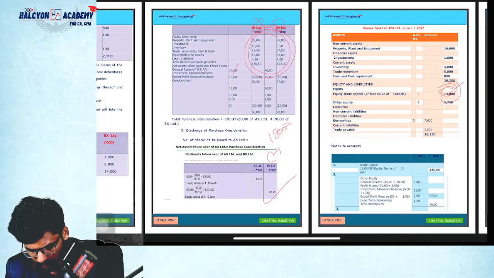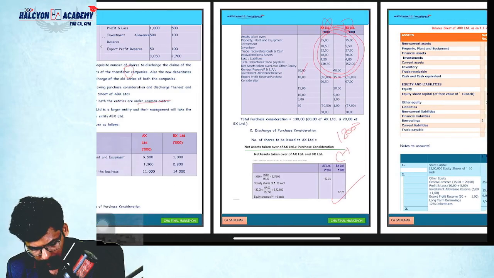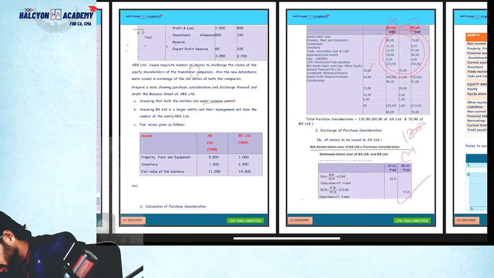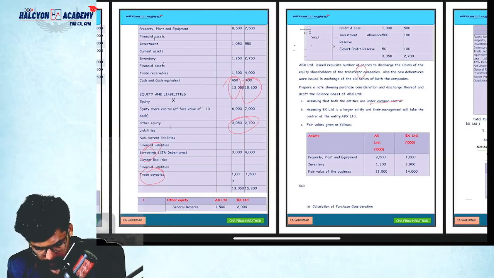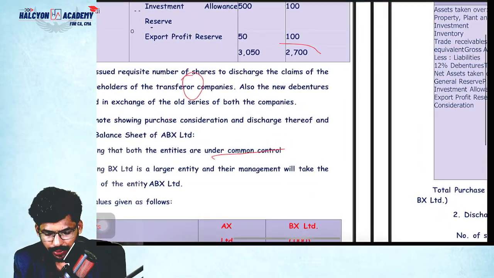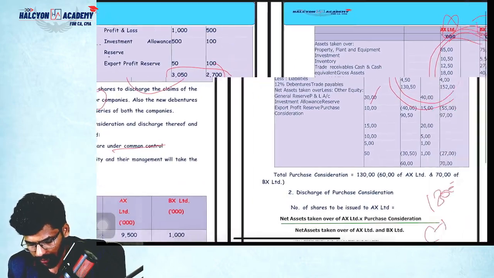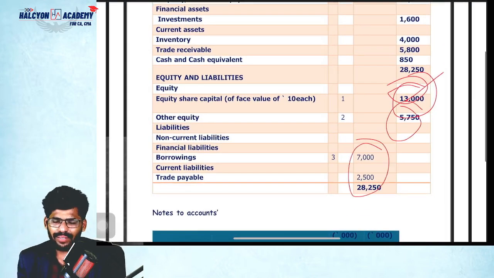Total 5,750. Yes. Just copy paste. Other equity. So everything is book values only. Nothing to change. Only this equity.